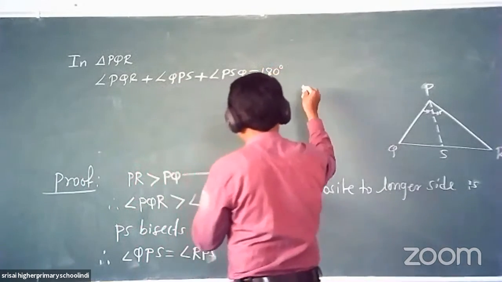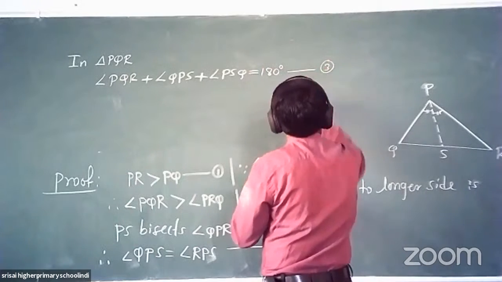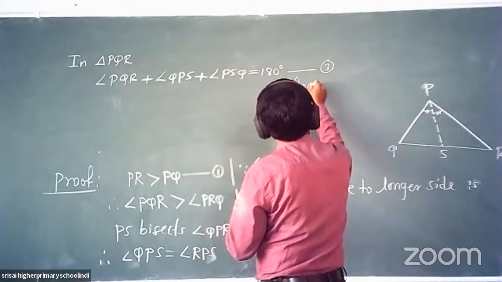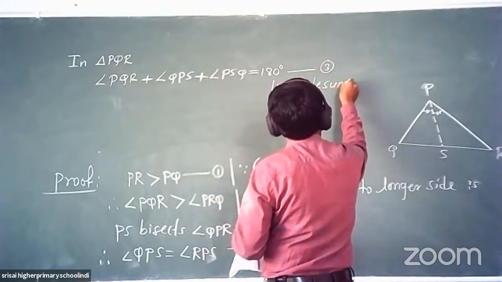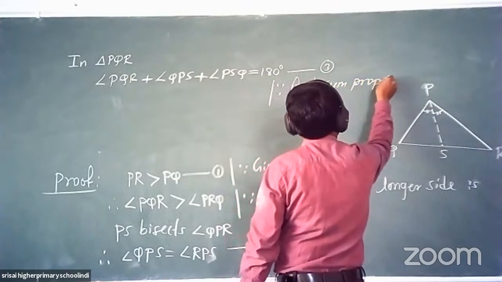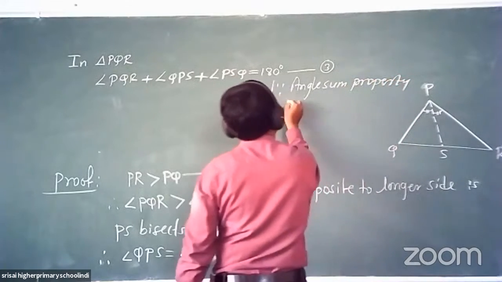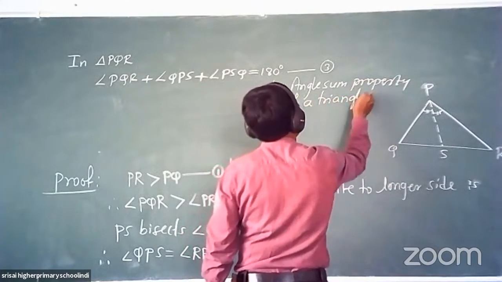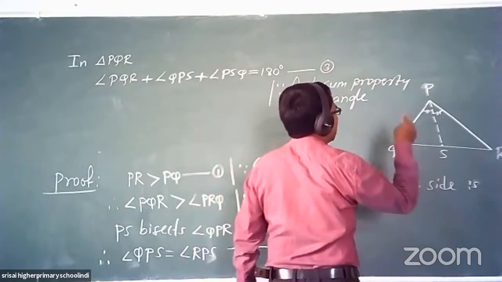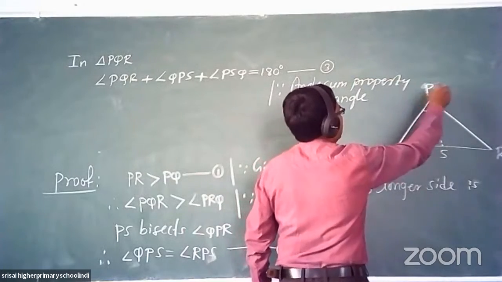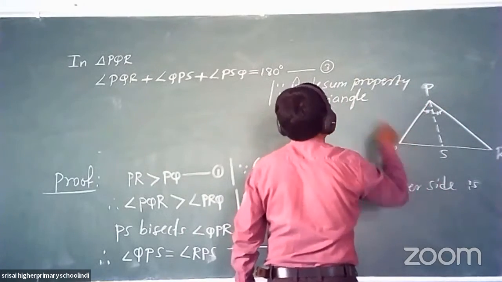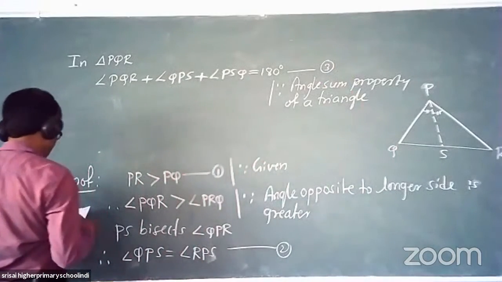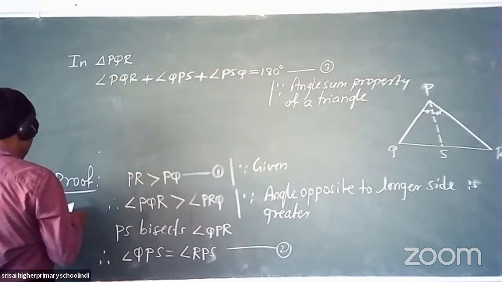You can call this 3. Why? Because of the angle sum property of a triangle. What is relation 3? That is angle P plus angle R plus angle Q equals 180. That is relation number 3.